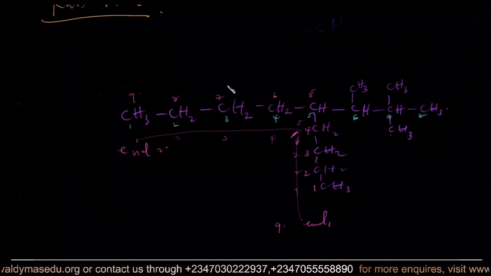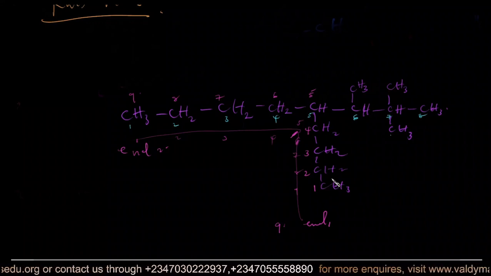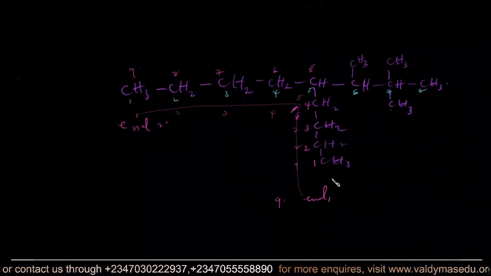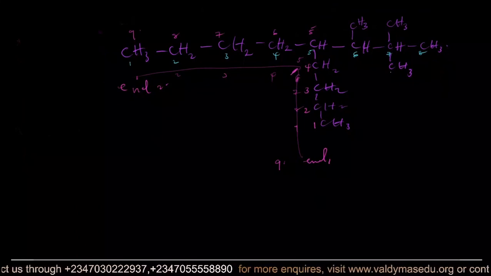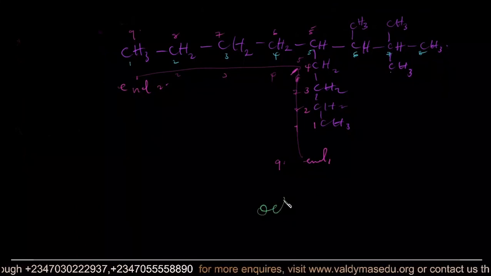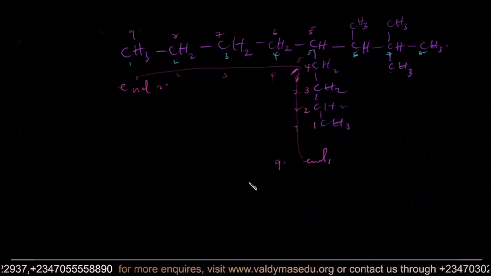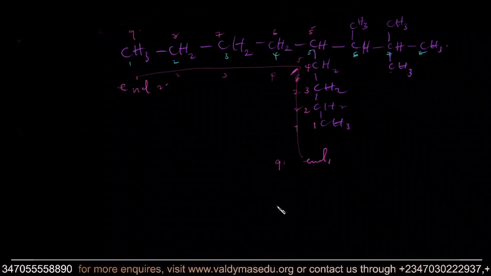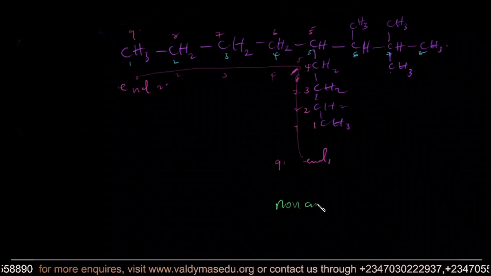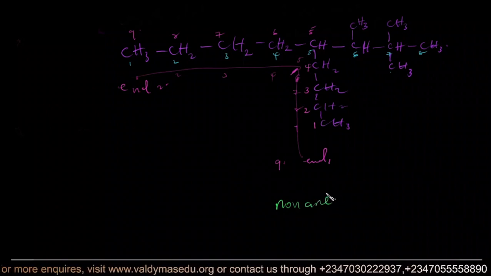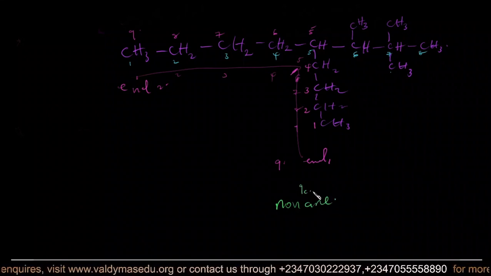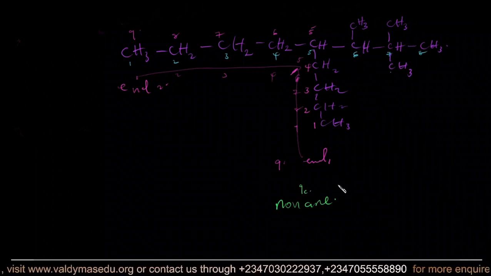So we have to take this as our main chain. Since we are taking 9, our main chain is nonene, that is 9 carbon atoms rather than 8 carbon, which is octane.